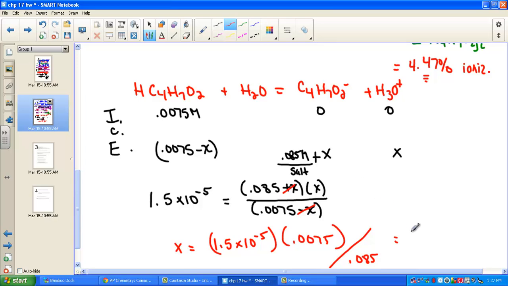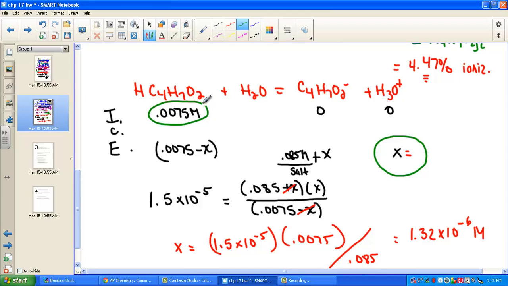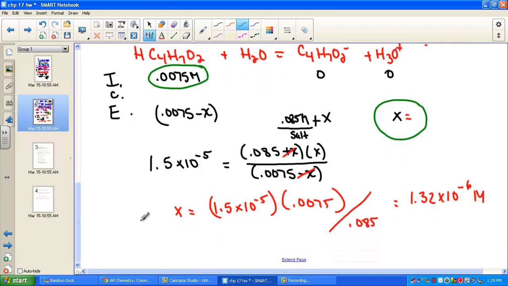And for the value of X, I found 1.32 times 10 to the negative 6 molar, which was the hydronium ion at equilibrium. We want to compare, to find percent ionization, the percent of hydronium at equilibrium compared to the initial concentration of the acid. So here we have the value of X, and X is representing hydronium at equilibrium.